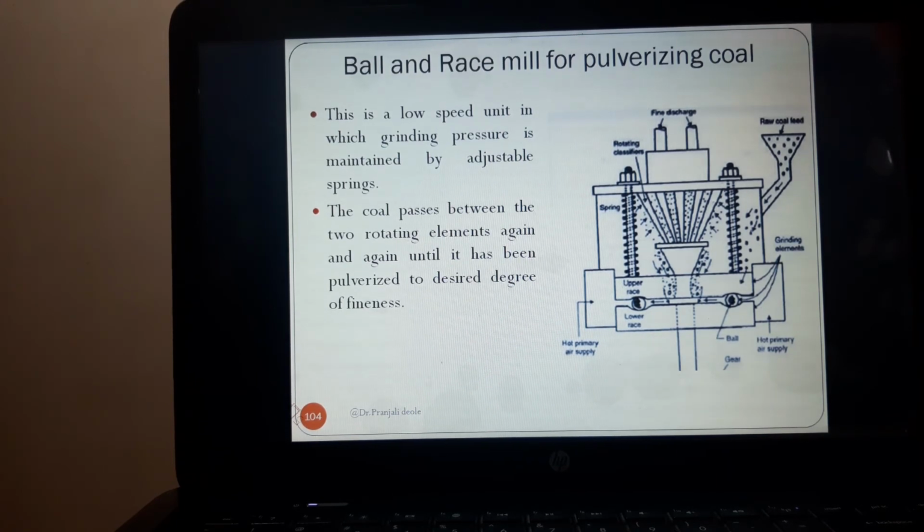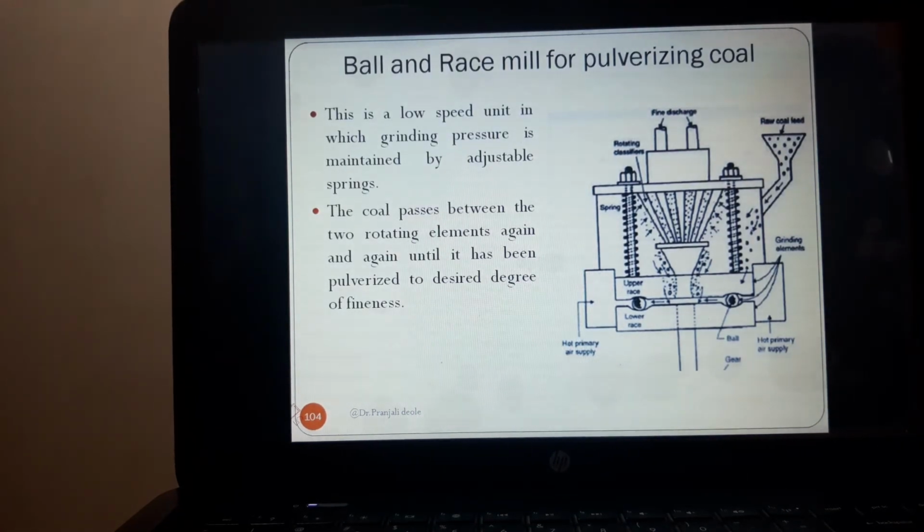These are classified as attrition mills and impact mills. Attrition mills are of two types: the first one is the ball and race mill, and the second one is the ball mill. Impact mills are also classified as ball mills and hammer mills. Pulverizers are driven by electric motors with the feeders either actuated by the main drive or by a small DC motor depending upon the coal control.